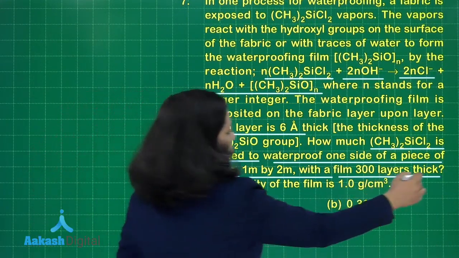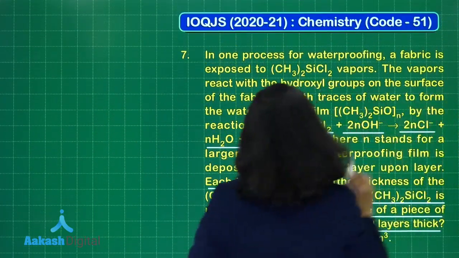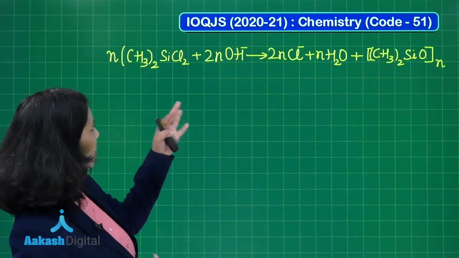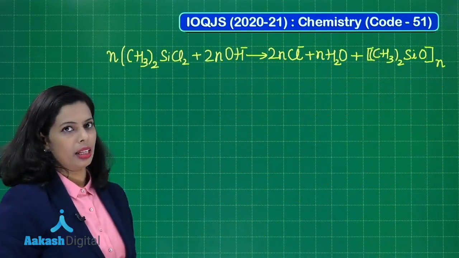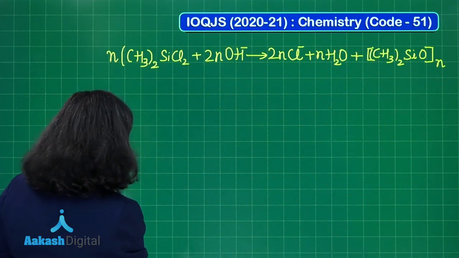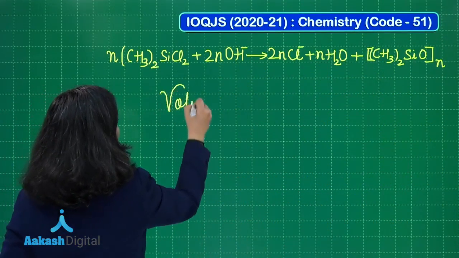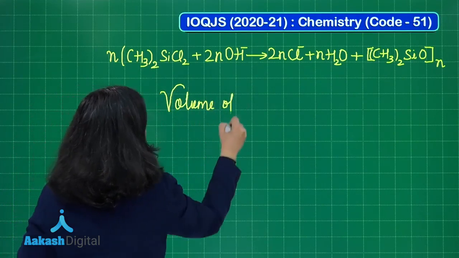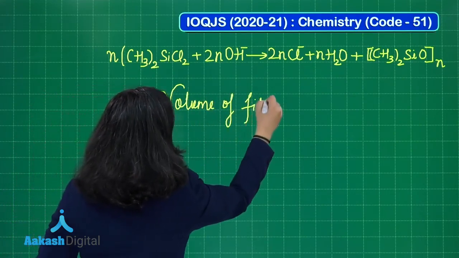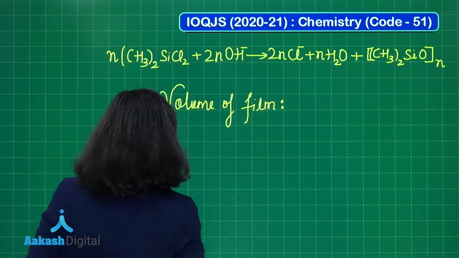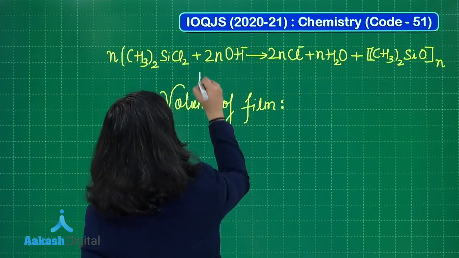Now, I'm just going to solve this question on the next page where I've already written the chemical reaction taking place. First of all, let me talk about the volume of the film.